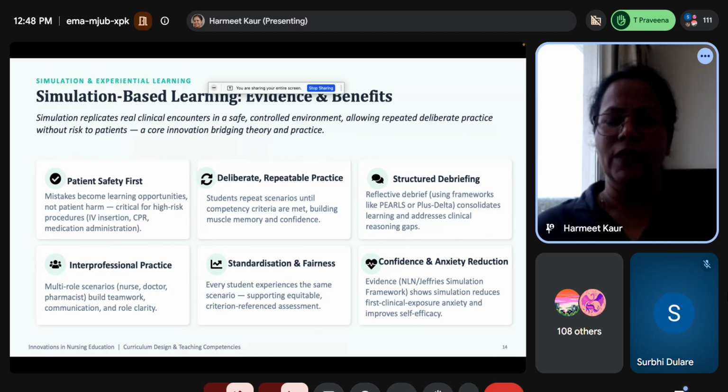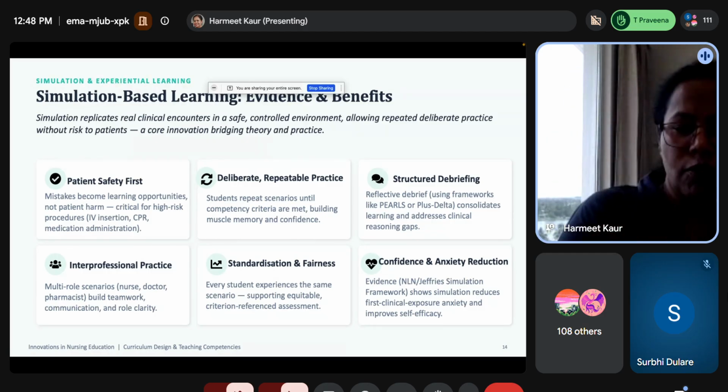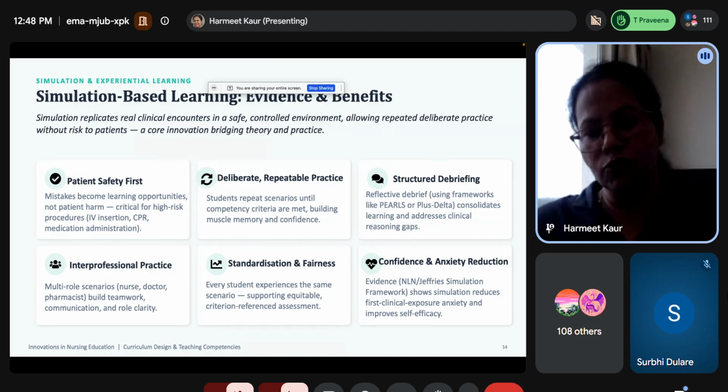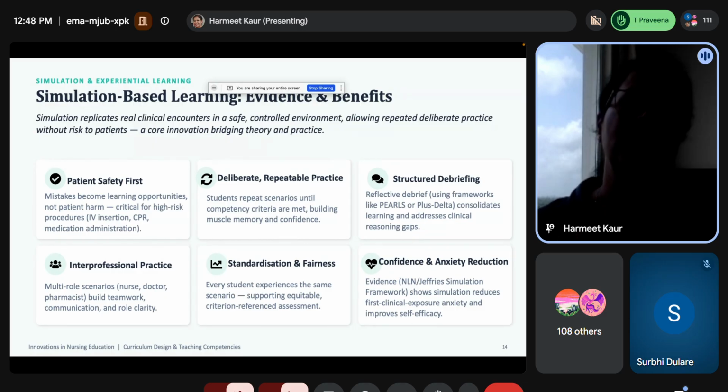We do the simulation in a team where one student from allied health, one from physiotherapy, one from nursing, one from pharmacy come together and do the multiple role scenarios. That actually helps them to understand how, as healthcare professionals, they have to work in a team. So that practice can also be done.